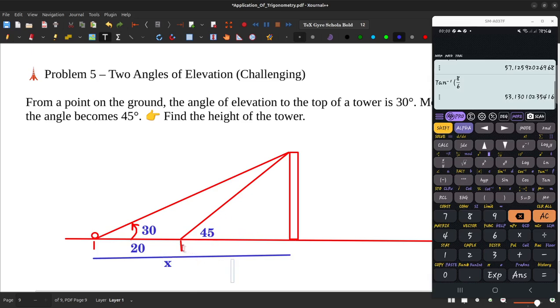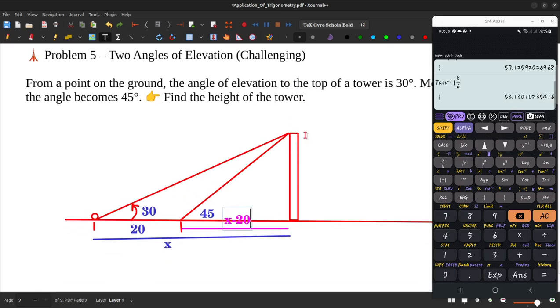That simply means that from the base of the tower to the second position, the distance is x minus 20. Now what do they want us to find? They want the height of the tower. We want to find the height h.